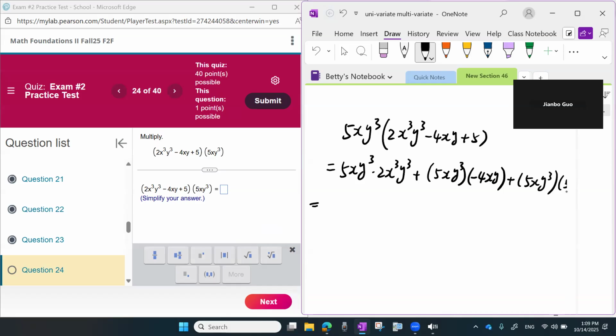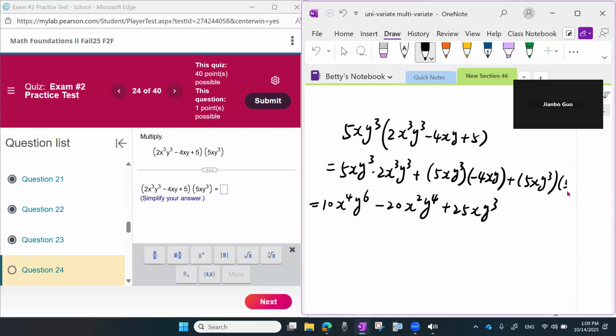And then simplify each term. 5 times 2 is 10. X times x cubed is x to the fourth. Y cubed times y cubed is y to the power 6. And the second term, positive times negative is negative 20 x squared y to the power 4th. The last term, 5 times 5, 25 x y cubed.